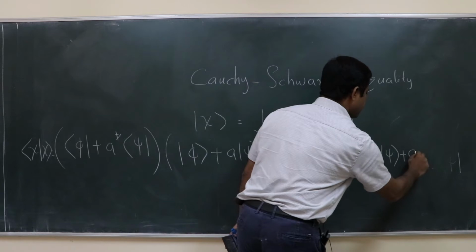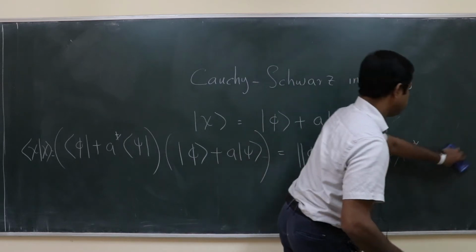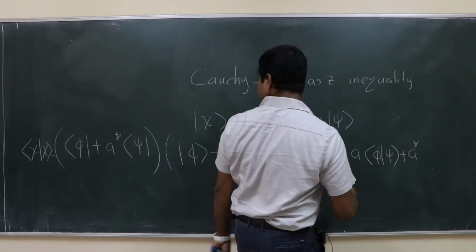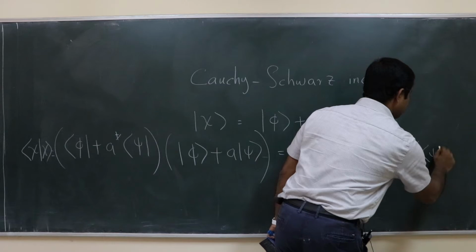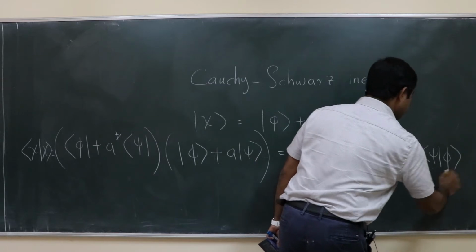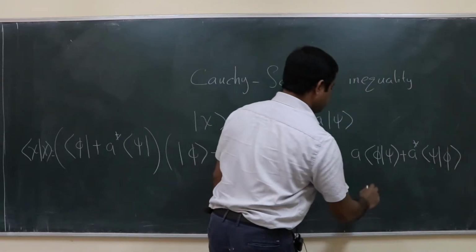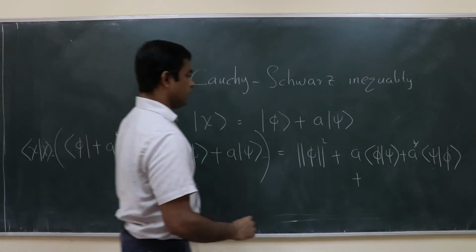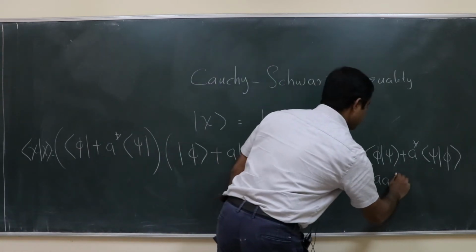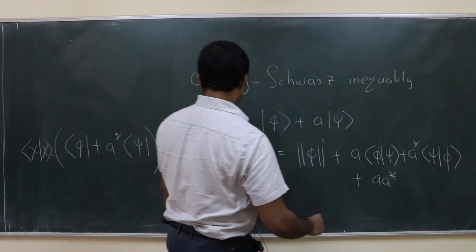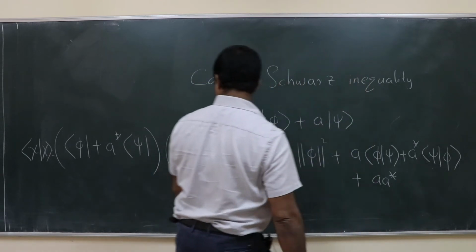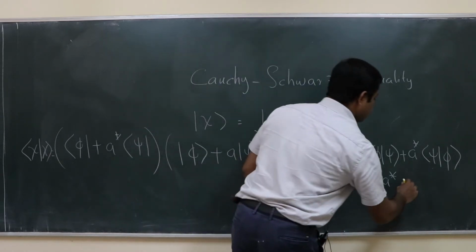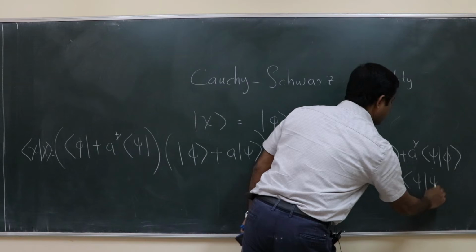The next one is a star bra psi ket phi. Then the last term is a star a, which is mod psi square.